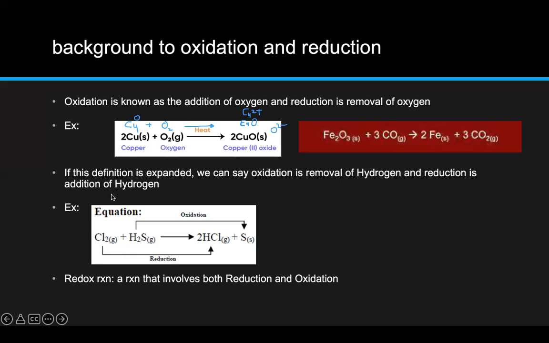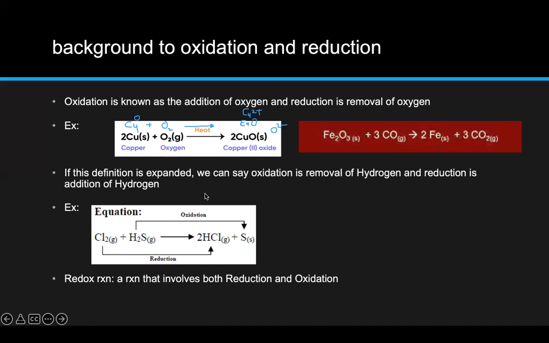And we said that addition of a hydrogen atom is reduction, which is the opposite of oxidation in terms of oxygen removal and addition. Also, when we come to electron transfer, it is also the opposite of when talking about redox in terms of oxygen.